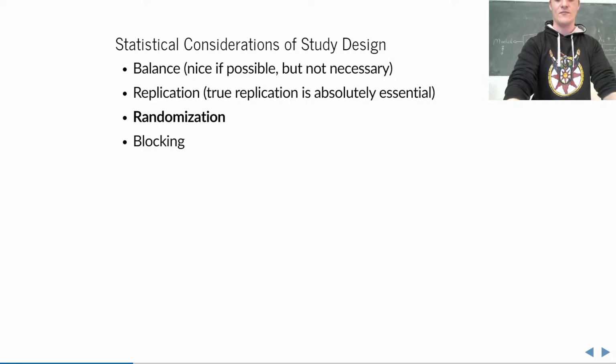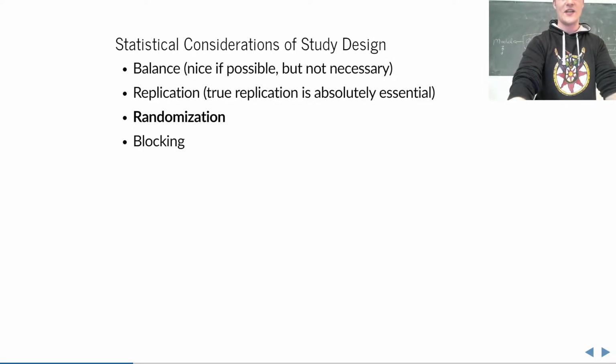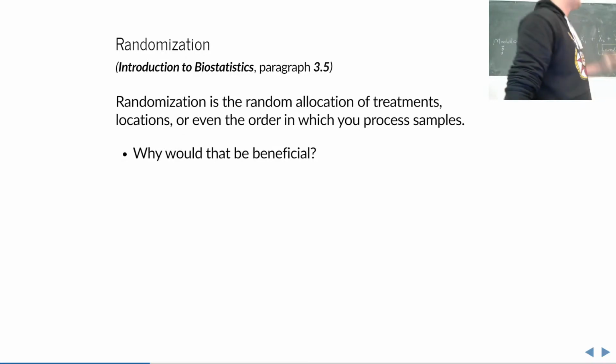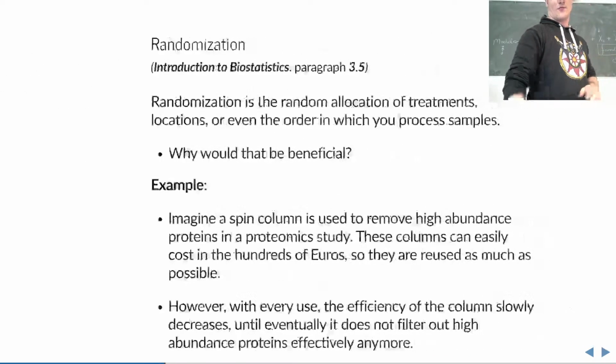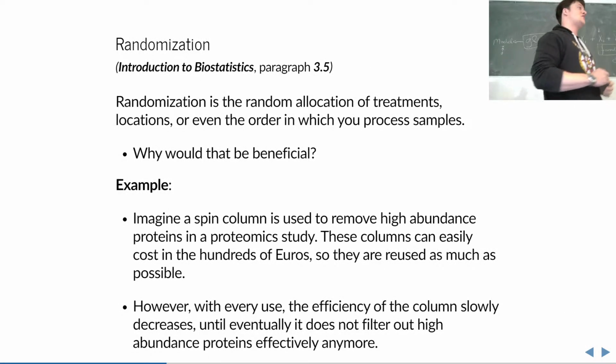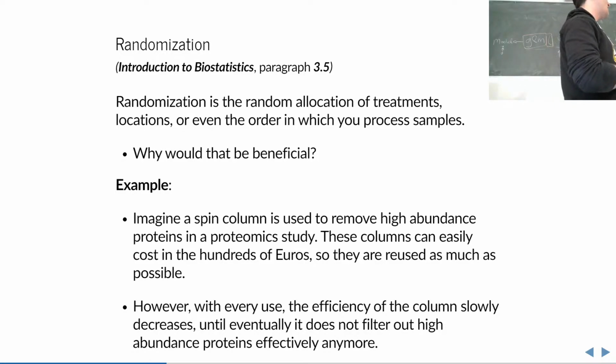Okay, randomization. I'm going to show a different way to interpret this than the last lecture. But the idea is simply that if you randomly allocate your treatments, or if you randomly deal with your samples, or if you randomly sample, then you prevent bias. Now, why would it help? Let's say that you are using a spin column. This is what we used a lot at the laboratory I did my PhD research at.